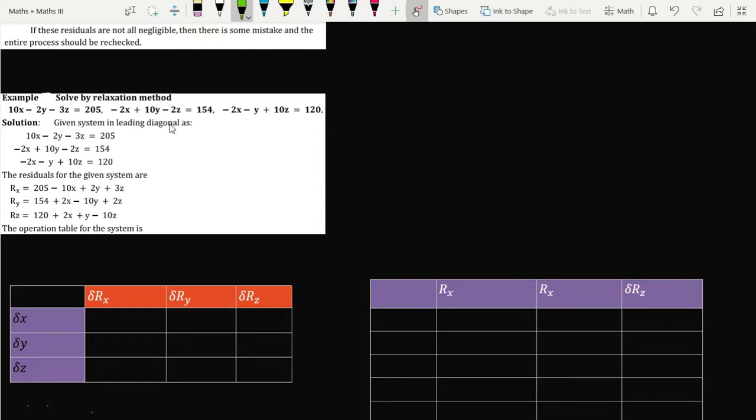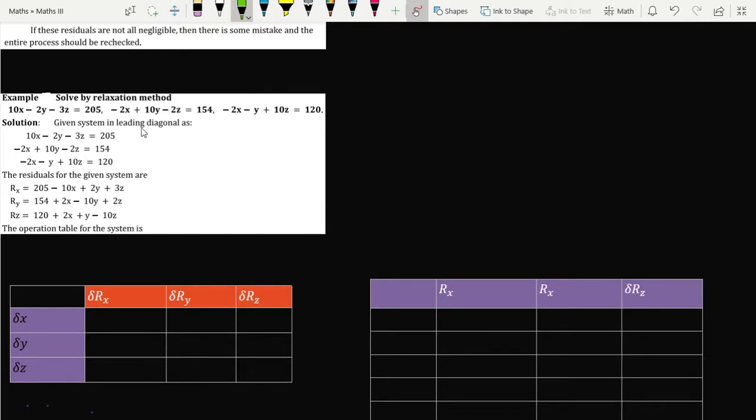We have to find the residuals. How do we find them? The residuals are calculated by shifting all the terms to the right-hand side of the equation and equating one side to 0. The residuals obtained are named Rx, Ry and Rz. From the first equation we find Rx, from the second equation Ry, and from the third equation Rz.